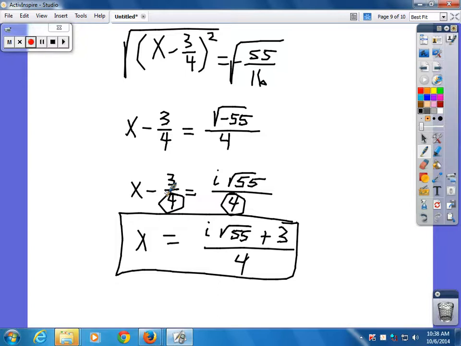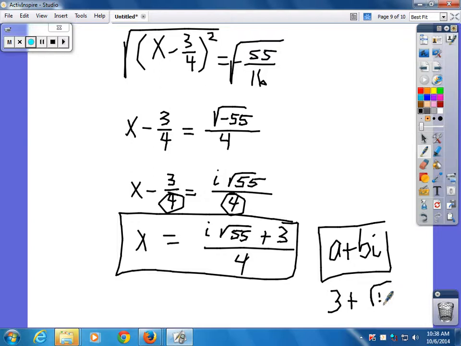Now the form that you want to write it in is a plus bi. Remember that. You need to highlight it. a plus bi is the standard form of writing an imaginary number. So this would be 3 plus square root of 55 i over 4. I'm not too concerned about it, but you need to know that that's the standard form. The i always goes last. Be careful. I would put the i in front of what?